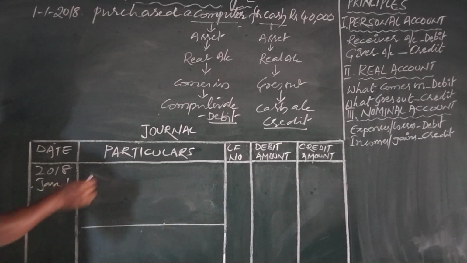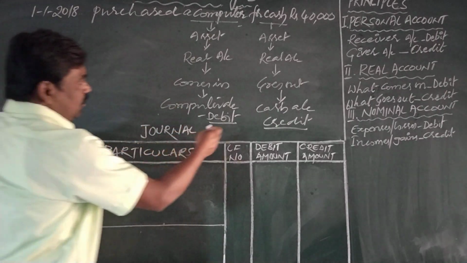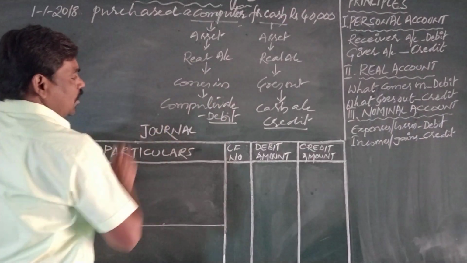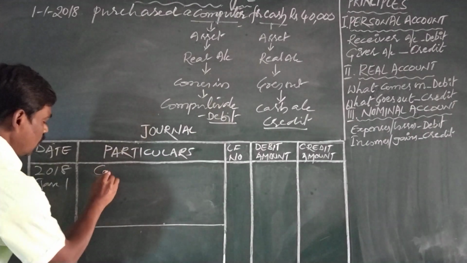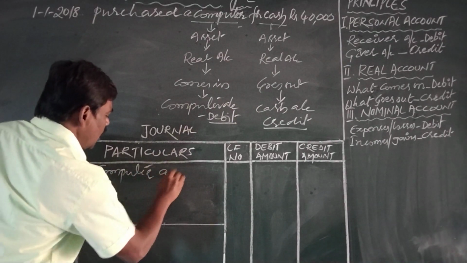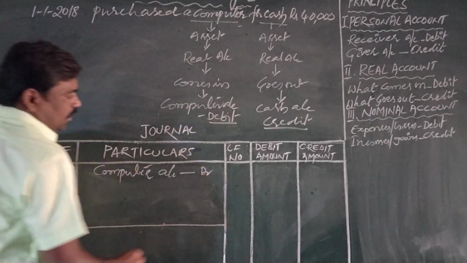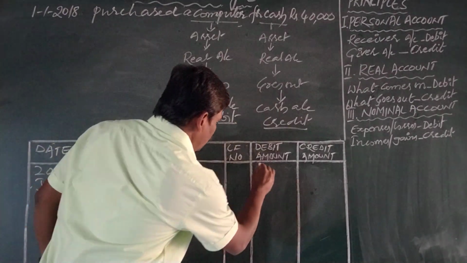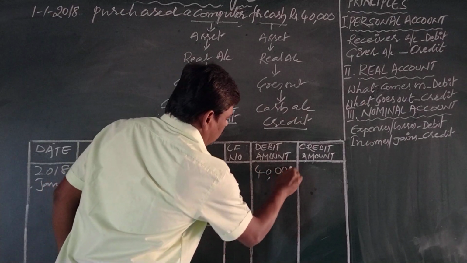Okay students, what is the debit account? First you observe in this process that the debit account is the computer account. So first write computer account debit. In the debit column, against this account, the amount of rupees 40,000.